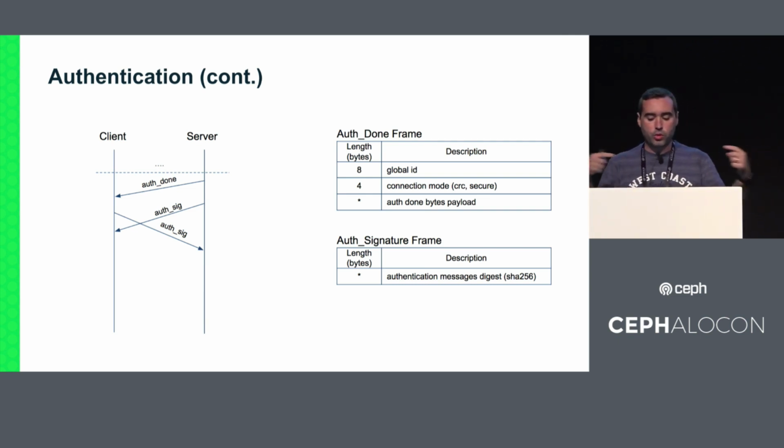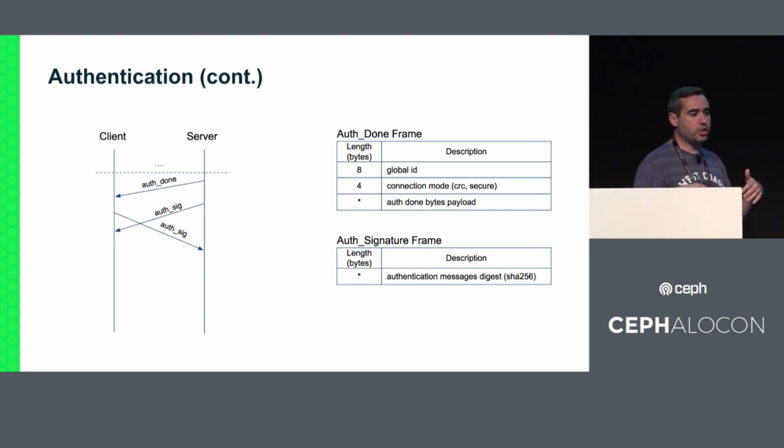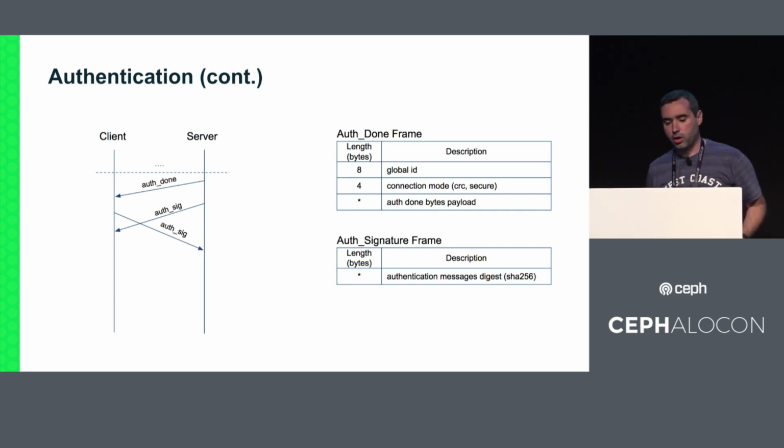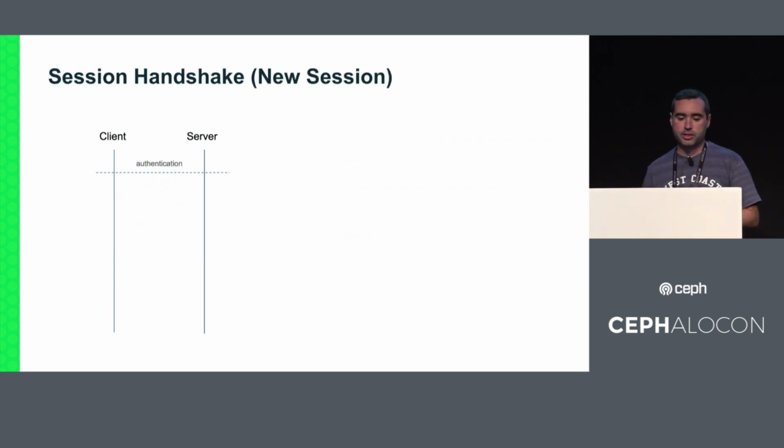In the end, they send each other that digest to guarantee there was no interference, no replay attacks and other kinds of attacks, to make sure nothing happens during the authentication negotiation. When both receive the auth signature frame and check that everything is okay, they pass to the session handshake.